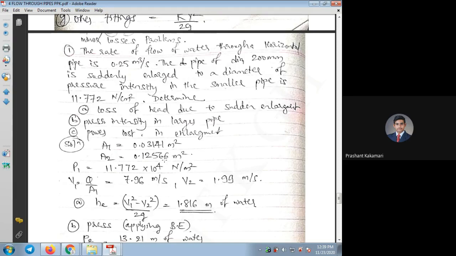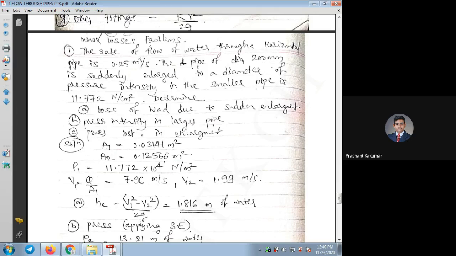So first all of you find out this area A1, and using A2 as the given value, find the diameter D2, because in the question by mistake I have not taken the diameter.